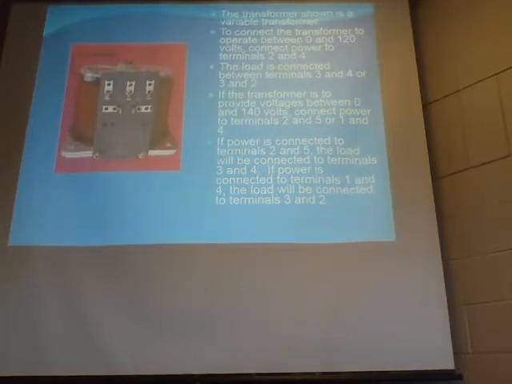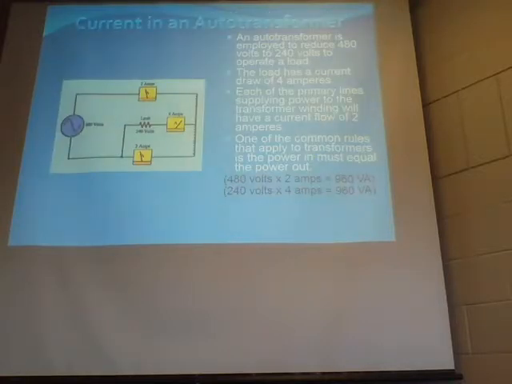To connect the transformer to operate between 0 and 120, connect the power to terminals 2 and 4. And so you have access to different voltages on here. There's no diagram here showing you where to connect to and what volts are available.